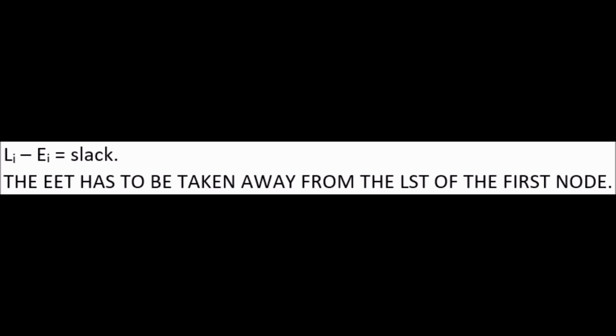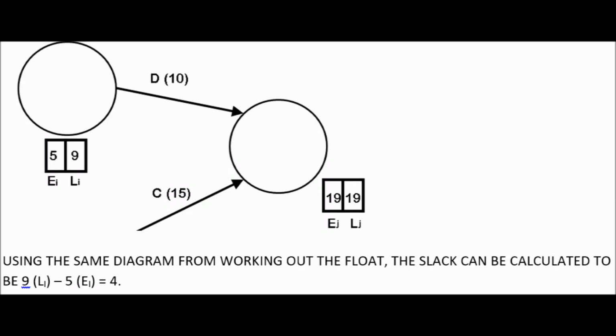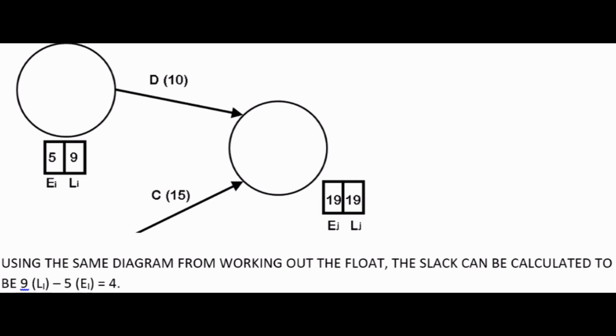The earliest event time has to be taken away from the latest start time of the first node. Using the same diagram from working out the float, the slack can be calculated to be 9 minus 5, equals 4.